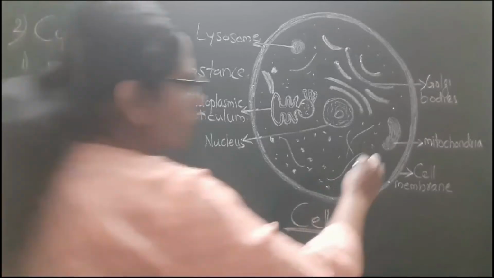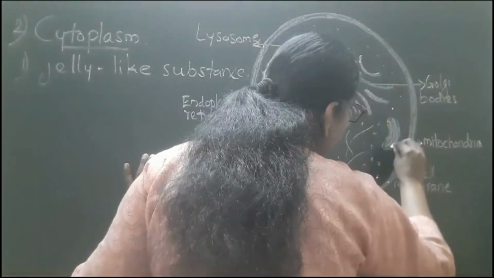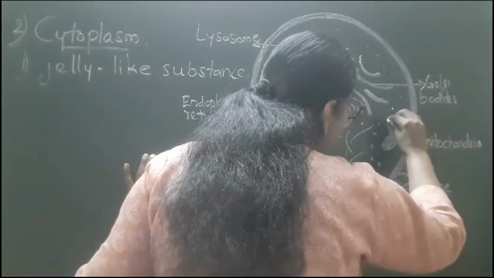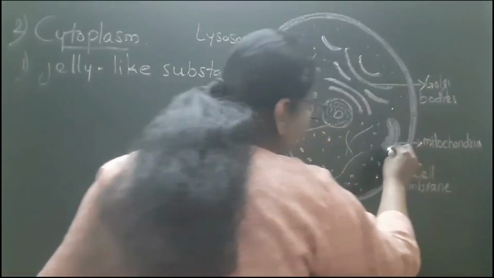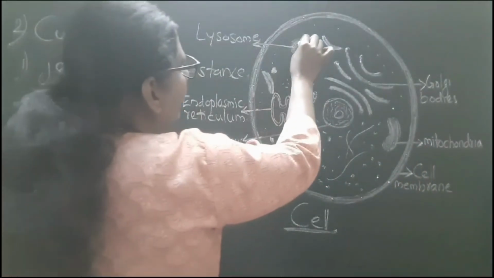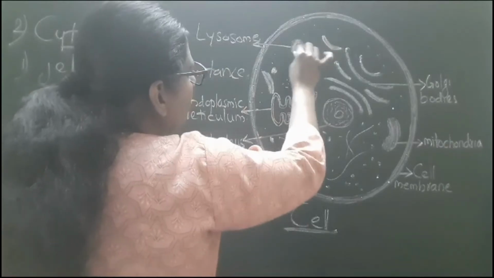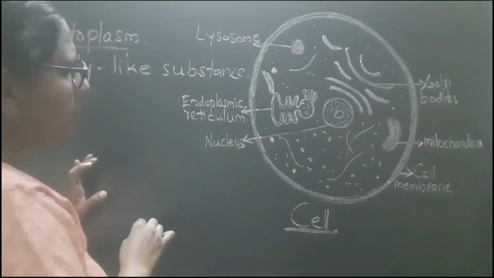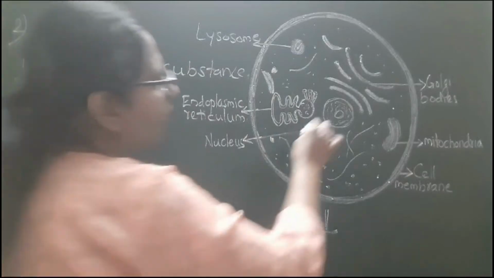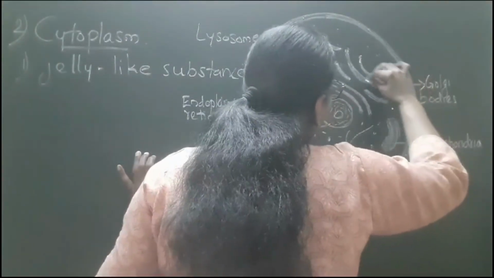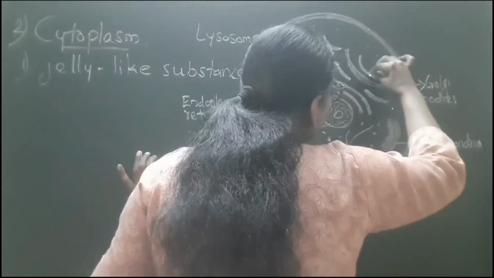Here is mitochondria, you can see this. Cytoplasm contains mitochondria. Then here is lysosome. Then Golgi bodies. These are Golgi bodies.